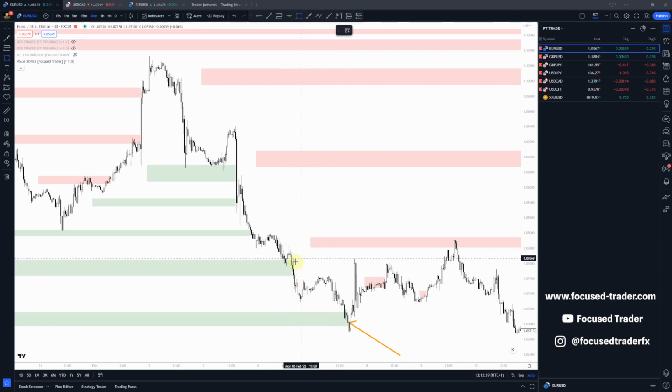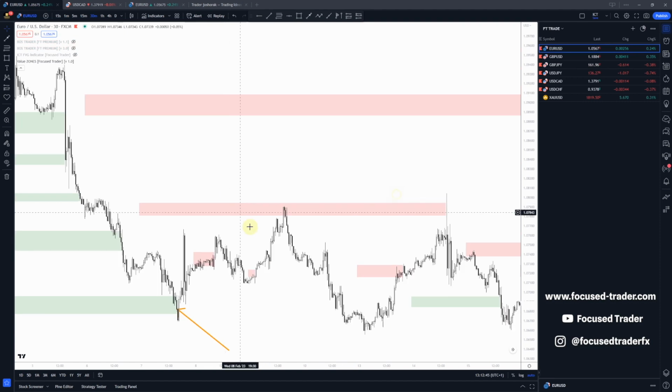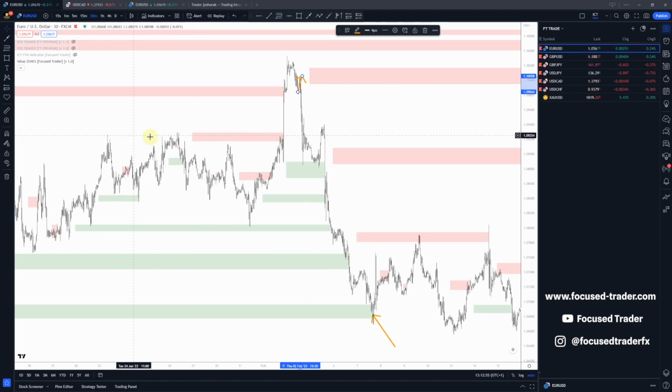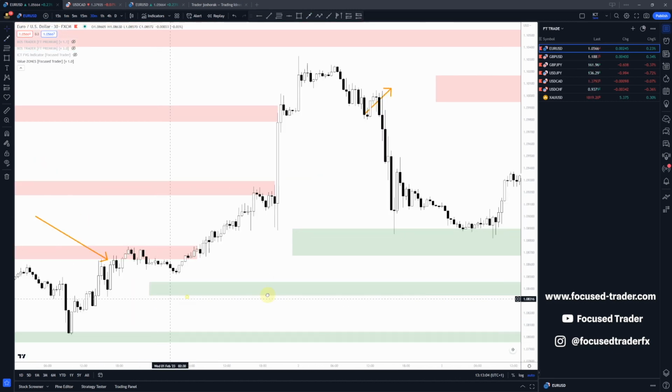And if we extend this, you see the reaction here and here, basically. Perfect reaction there. Here the market went through, then made this small reaction there after retesting it. Here you see the reaction was here, a little bit before the zone. Here is also some sort of reaction, if you see.